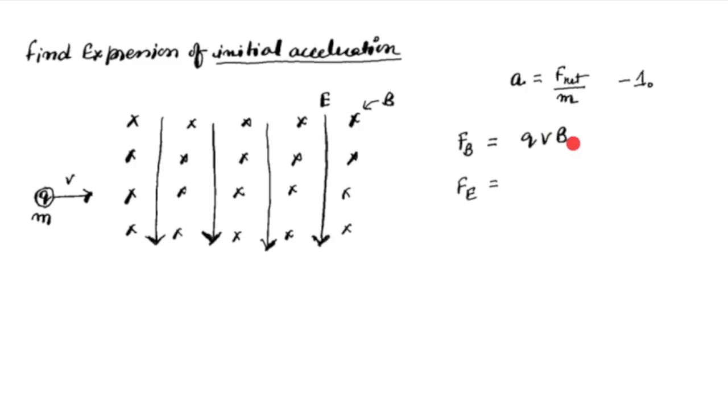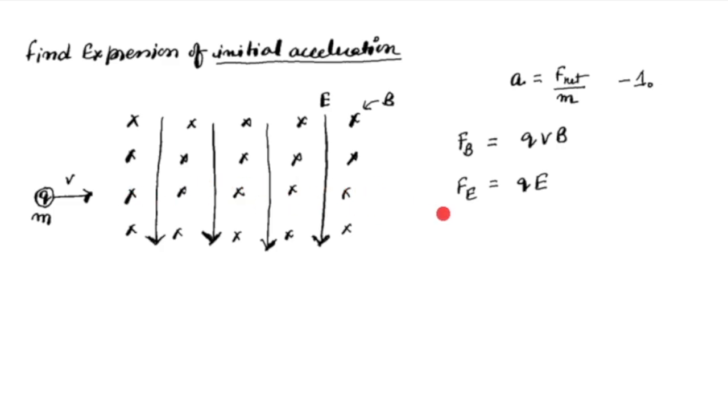Here sin theta is not necessary because the velocity is this side and the magnetic field is going into the page, so they are at 90 degrees. Sin 90 is 1, so we can keep the magnitude as qvB. What about the electric force? That is again a very simple expression, q into E.